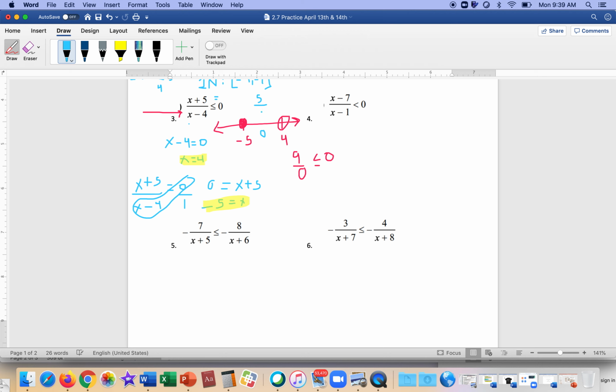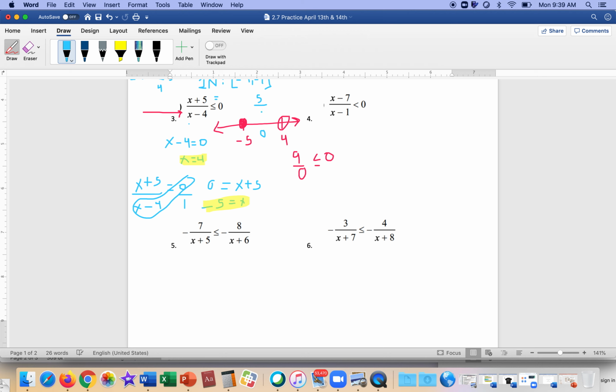No. Now if I test positive 5, 5 plus 5 would get me 10, and in the denominator, 5 minus 4 would get me 1. Is 10 less than or equal to 0? No.